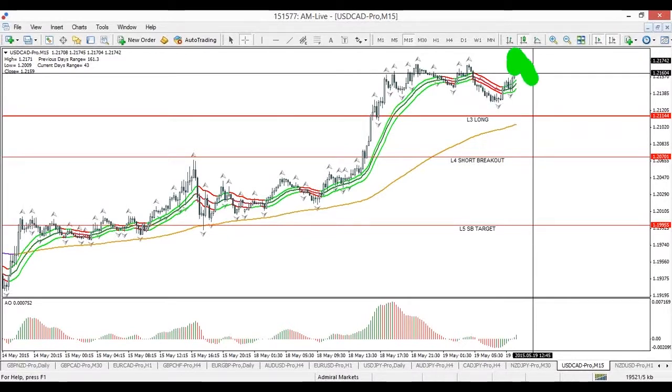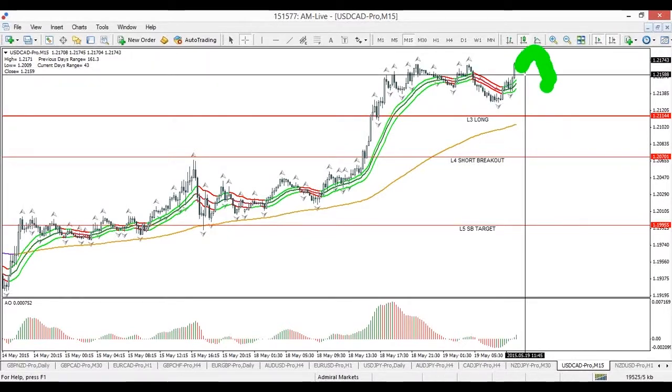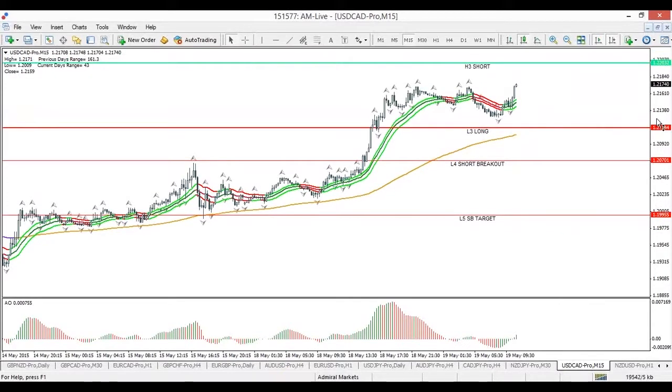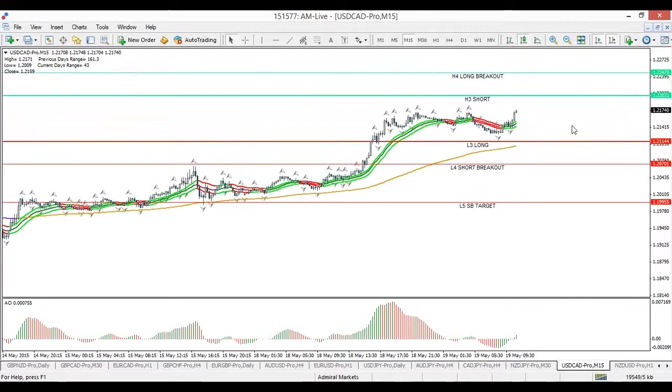So if it breaks, that's fine, but we need a pullback after that. H3 short is here. These are pretty big Camarilla levels because of a big daily candle yesterday.